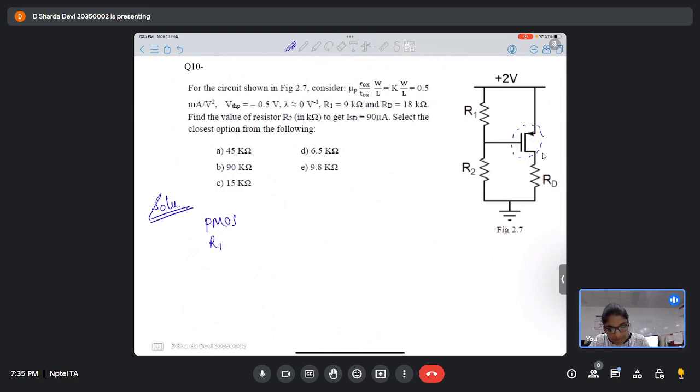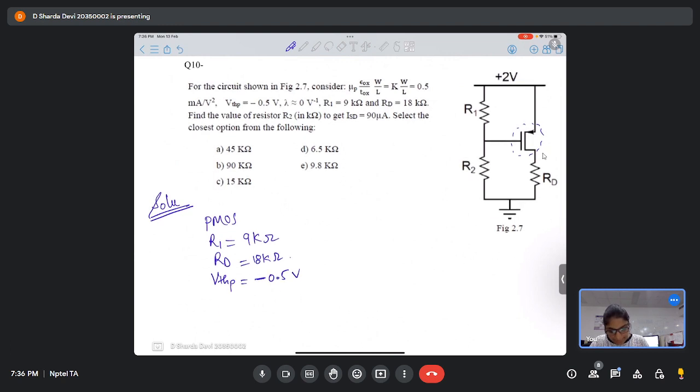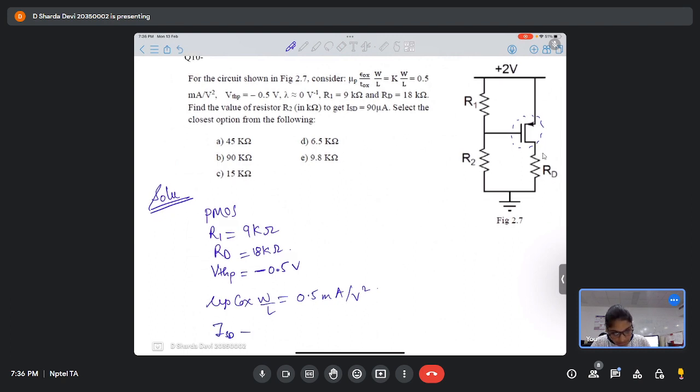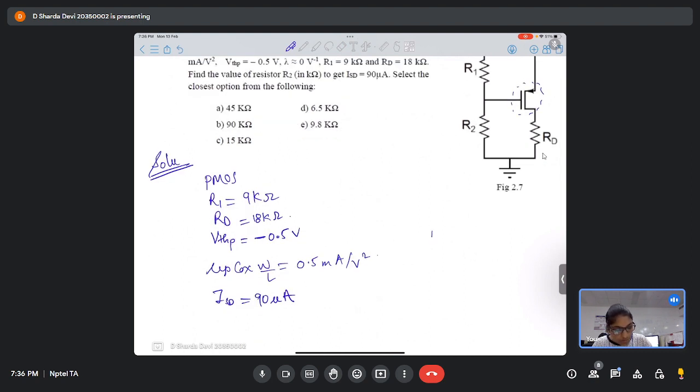Now secondly, Rn is given 9 kilo ohms, Rd is given 18 kilo ohms, VTHP is given minus 0.5 volts. Mu Cox W by L is 0.5 milliampere per volt square. I is given to be 90 microamps. So you have to find R2.